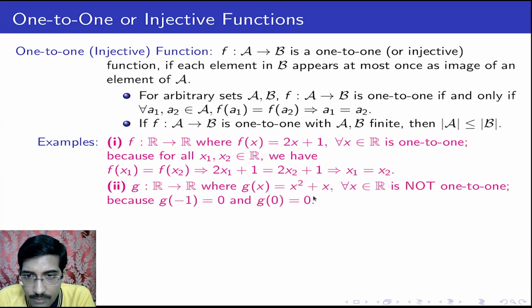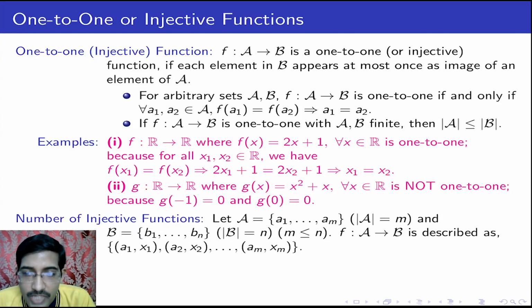I saw that there are two elements in this domain R, -1 and 0, which get mapped to the same element in the codomain. So for 0 in the codomain of g, I have two different values from which it can be associated, hence making this function not 1 to 1.